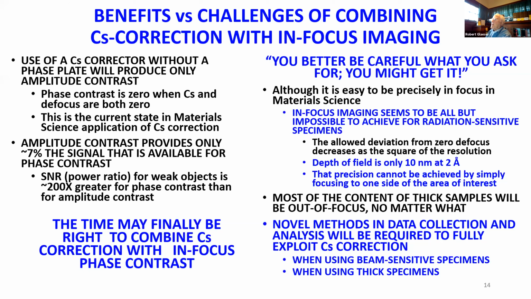Do I want to go there? Is it worth doing to begin with? Well, these challenges call for the need to innovate and have novel methods of data collection and data analysis that will fully exploit Cs correction in combination with a phase plate.